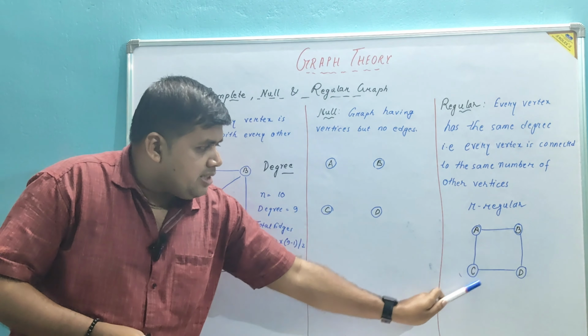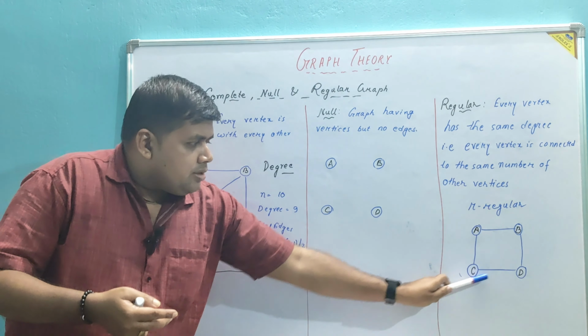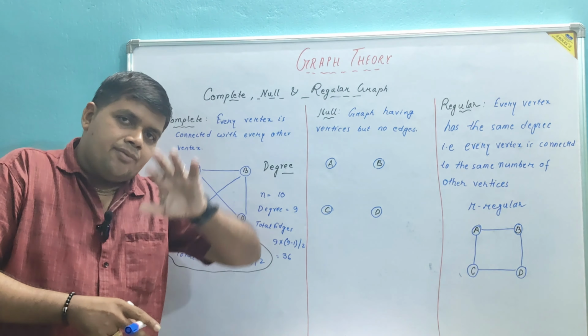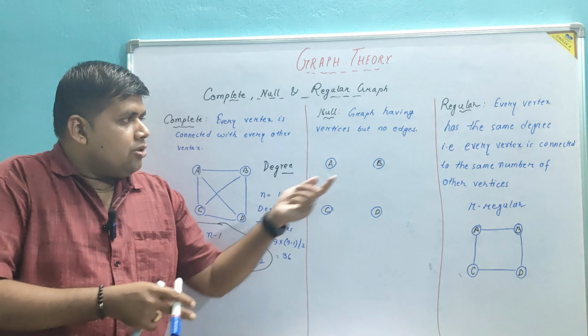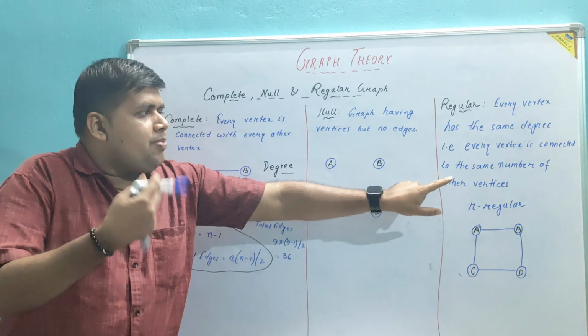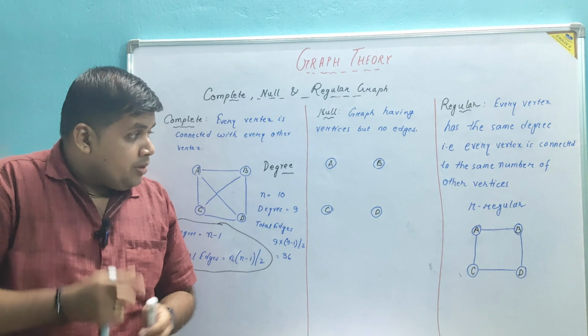A is connected with B and C, so it has degree 2. B has degree 2, C has degree 2, D also has degree 2. So all the vertices have the same degree and therefore it is called a regular graph. Every vertex is connected with the same number of other vertices.